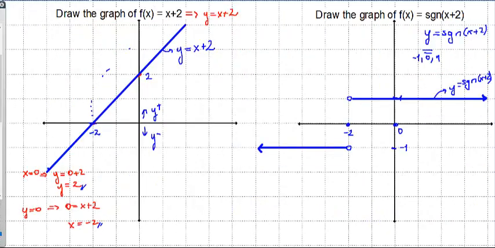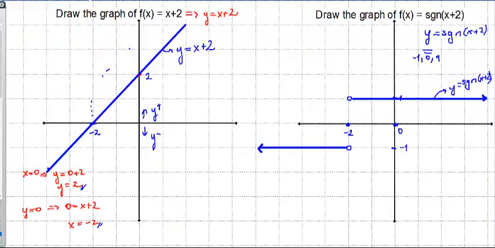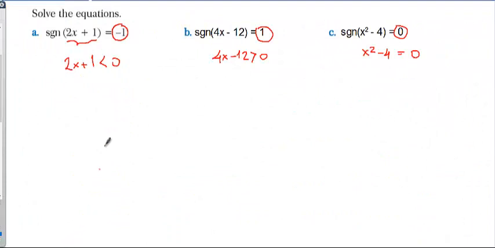Many times we repeat this one at the beginning. If f(x) is smaller than 0, what is written inside? Then the function value should be equal to -1. So we are not going to say this is not equal to -1. This is the first one. And the second one, if the sign value is equal to -1, then what is written inside should be smaller than 0.